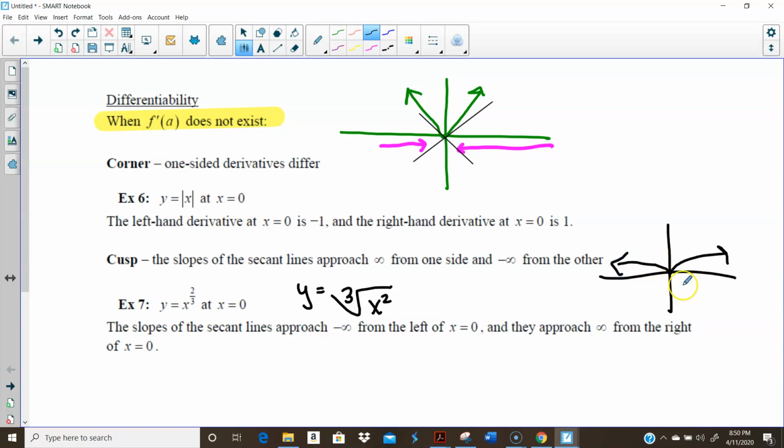We call this area in the middle a cusp. We can't differentiate for the same reason as before: I can draw a line going that way, I can draw a line this way, and so because of that, I can't differentiate.